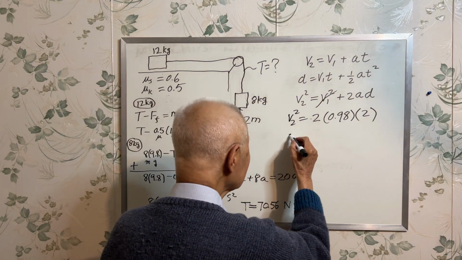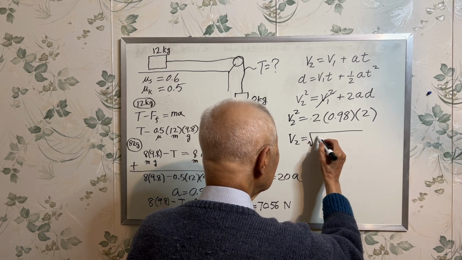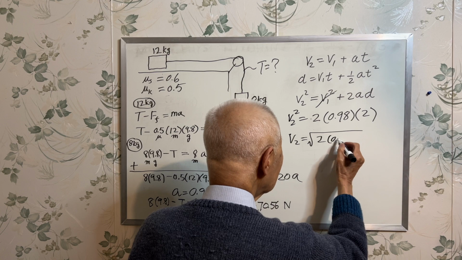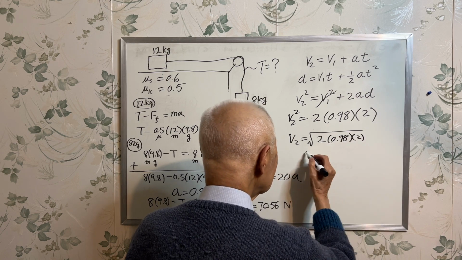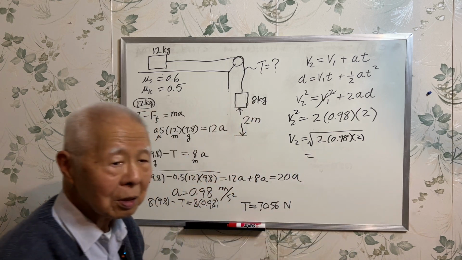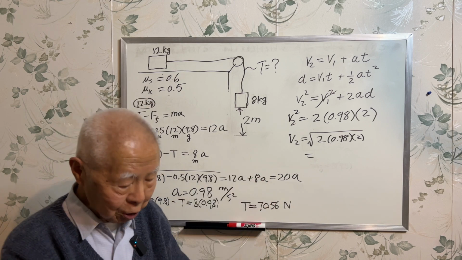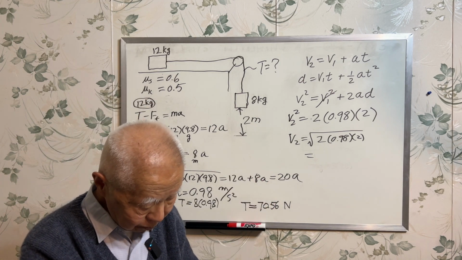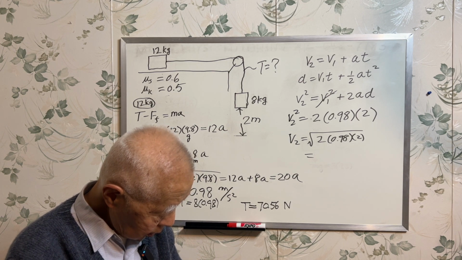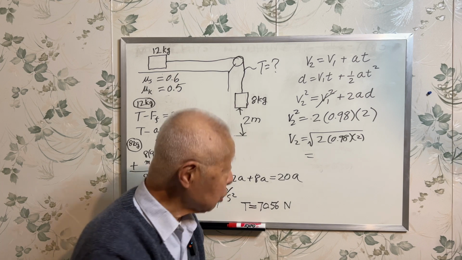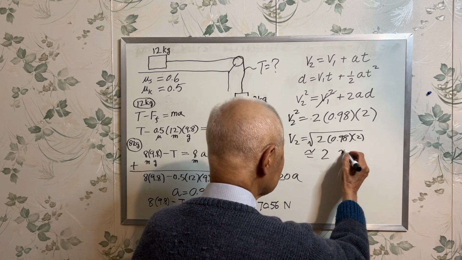Therefore, take the square root, and you need a calculator. So the answer is nearly 2. So I rounded it. It is 2 meters per second.